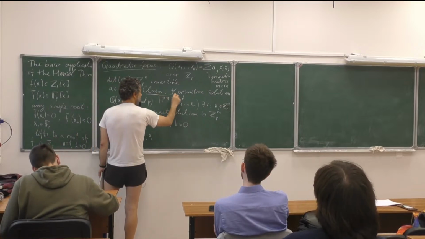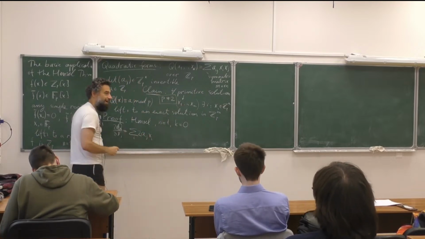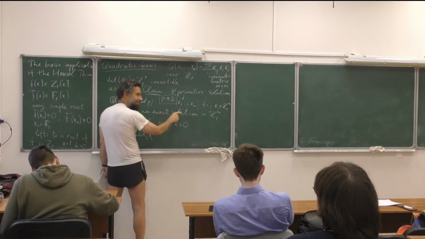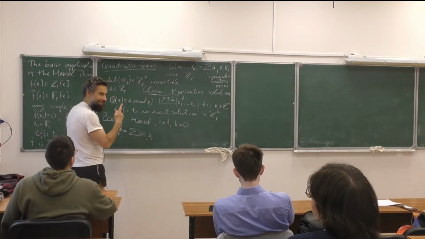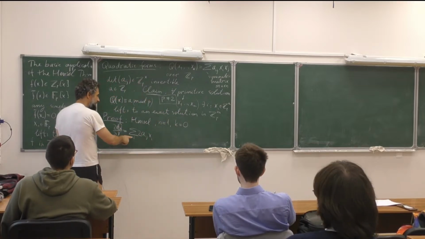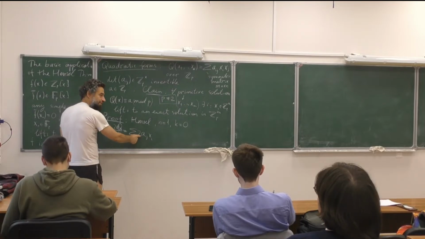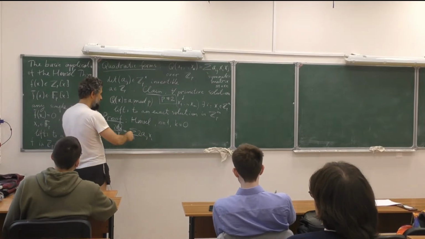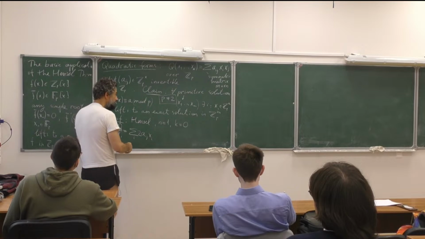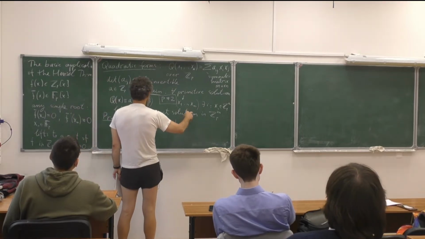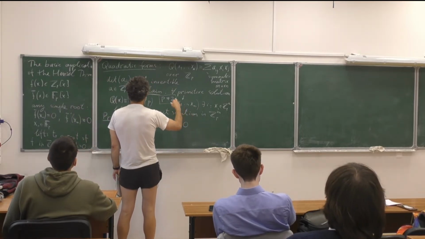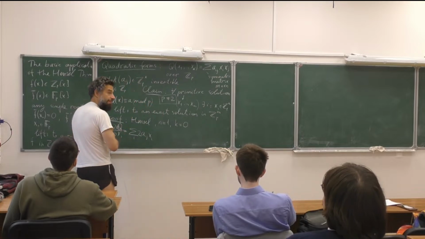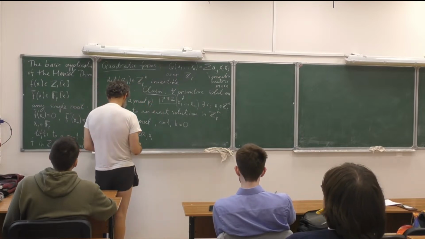It's very important. Otherwise, you could easily find a counterexample, even for one variable. Okay, but now it's fine. 2 is invertible. And we know that the determinant also is invertible.